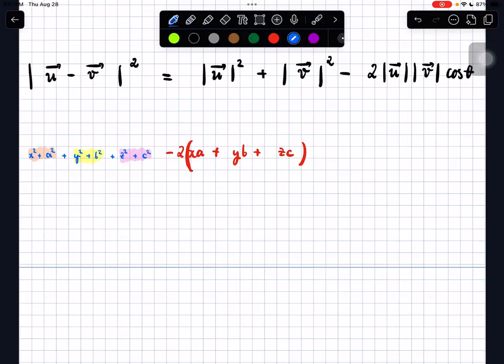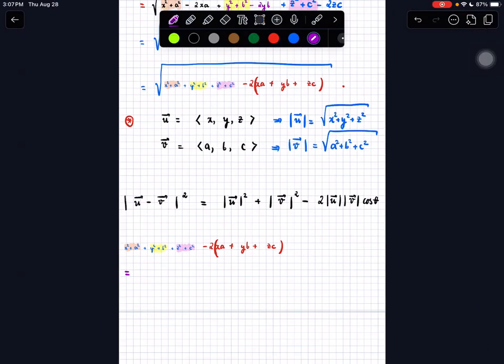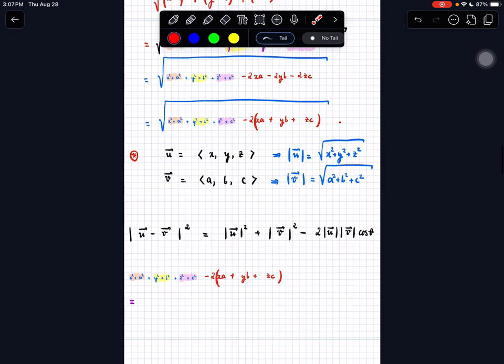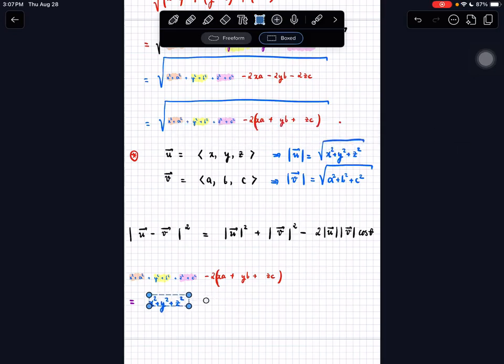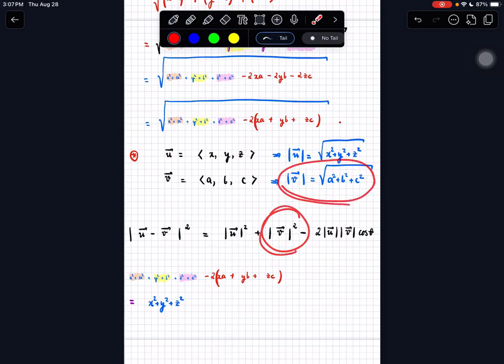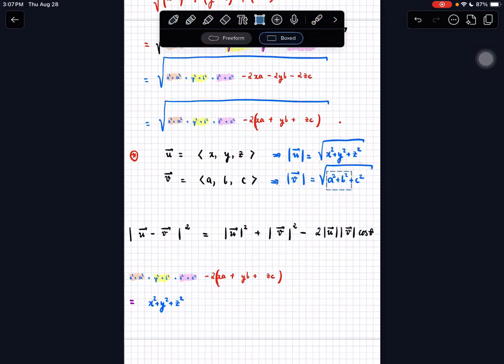The right hand side is the length of vector u squared, which is x squared plus y squared plus z squared. Length of u is this square root, so length of u squared is what is inside the square root. Similarly, length of v squared is a squared plus b squared plus c squared.